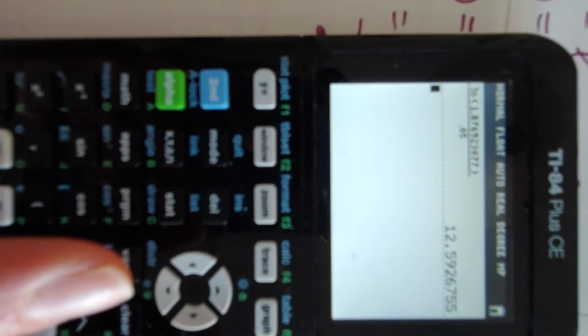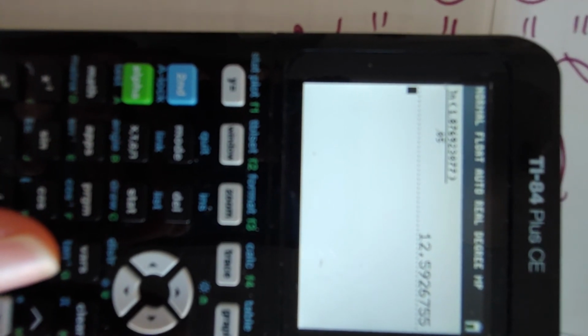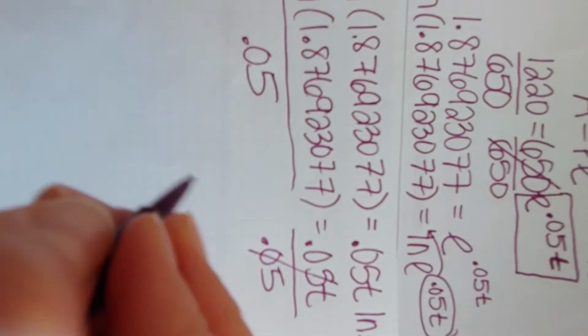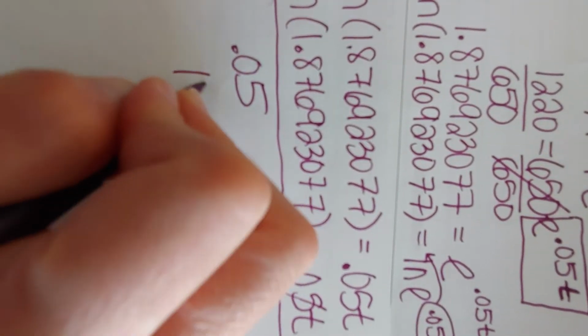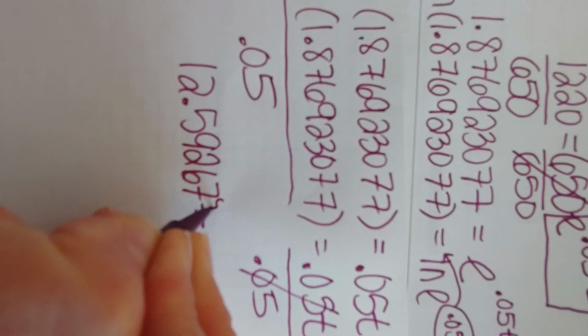So how long would it take to the nearest year for the value of the account to reach $1,220? So let me write my t value down. t is equal to 12.5926755.